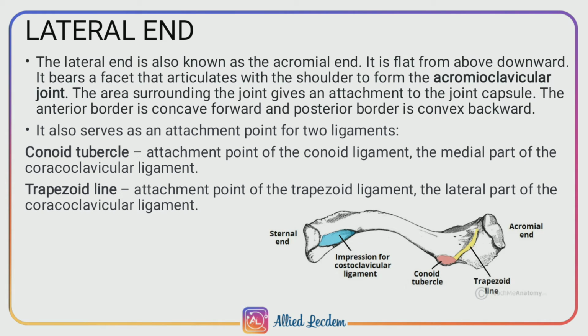The conoid tubercle is the attachment point of the conoid ligament and is the medial part of the coracoclavicular ligament, and the trapezoid line is the attachment point of the trapezoid ligament and is the lateral part of the coracoclavicular ligament. So these two projections are important, aiding the attachment of the conoid and trapezoid ligaments respectively.